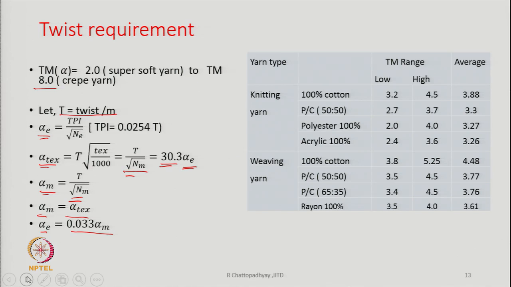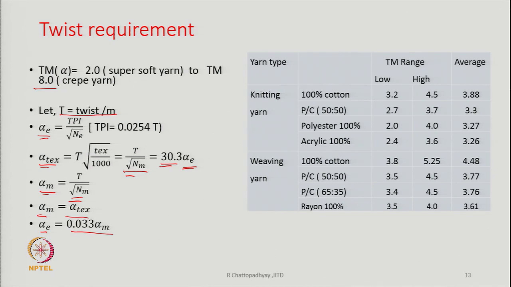For knitting yarn, TM range is 3.2 to 4.5. For PC yarn, that is polyester cotton yarn, it could be 2.7 to 3.7. So, a kind of guideline or suggestion is given, which is generally practiced in the industry, and one can follow this.